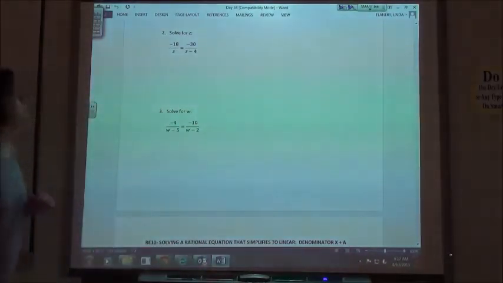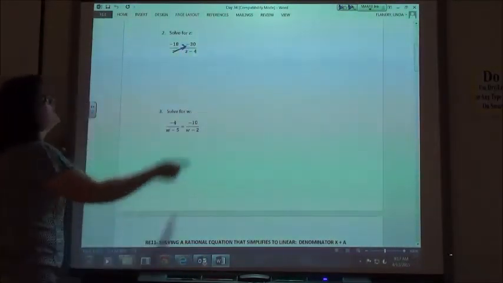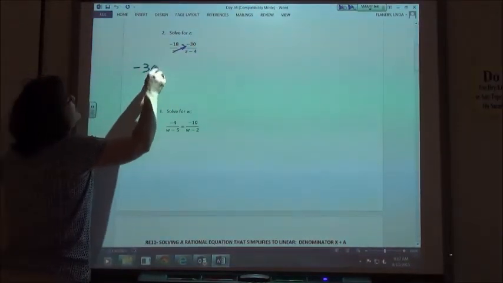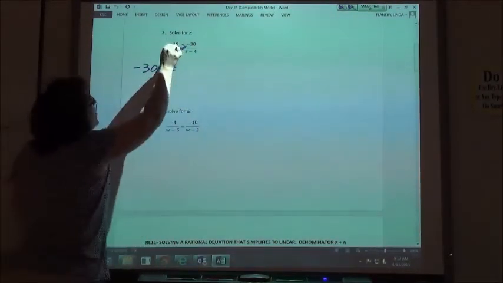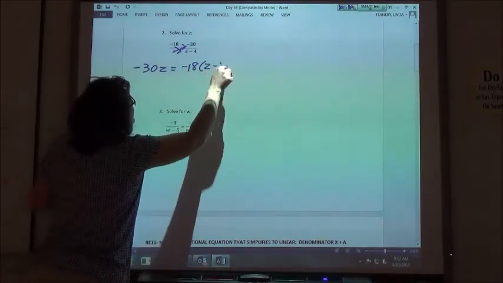So number 2, if we cross multiply, again starting here with the z times the negative 30, we would have negative 30z. On the other pair, I'm going to end up taking the negative 18 times the z minus 4.